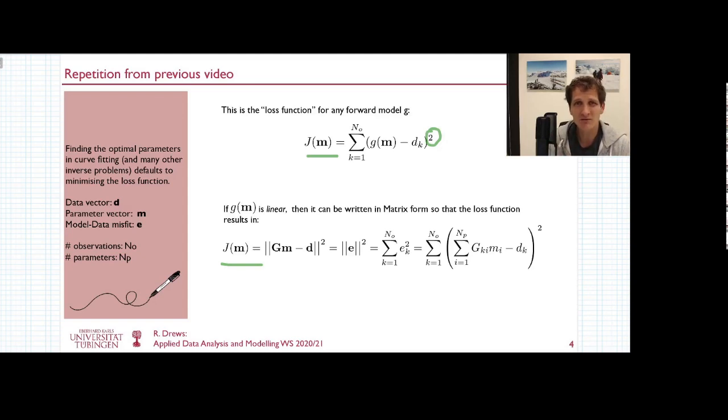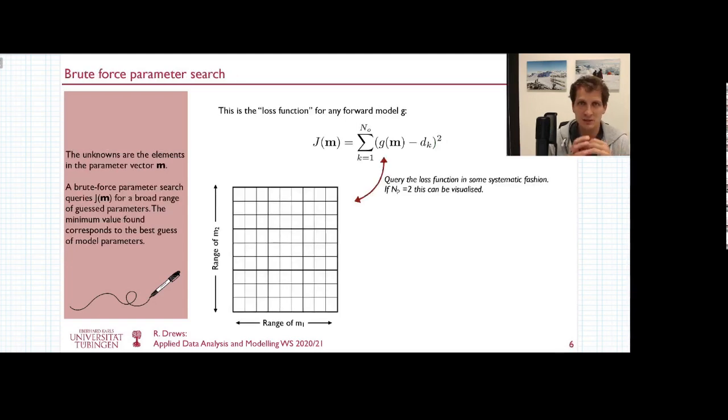So how can we now minimize the cost function? Because once we minimize the cost function, we found the parameters that best reproduce our observations, which is the ultimate goal of all the inverse methods. Okay? So, for a very general forward model, I propose what I term the brute force parameter search. It's called brute force because your brain can take a break and the computer does all the work.